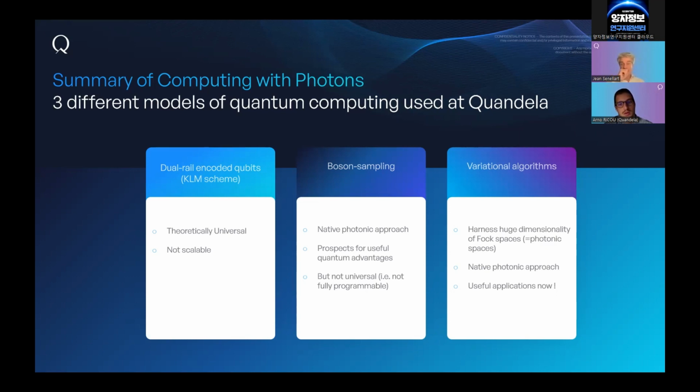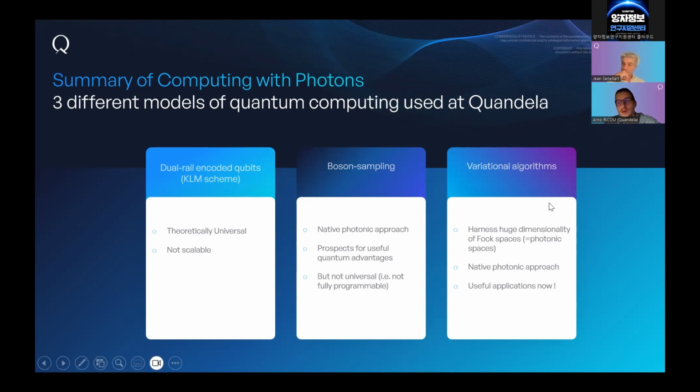It's a prospect for useful quantum advantage. Quantum advantage has been proven using this experiment, but it's not universal: you cannot solve any quantum computing algorithm using this boson sampling model.